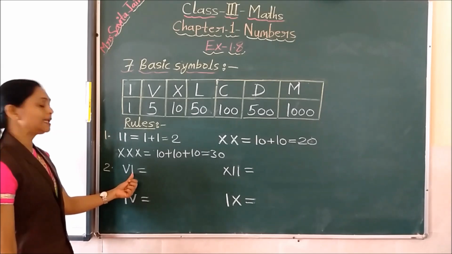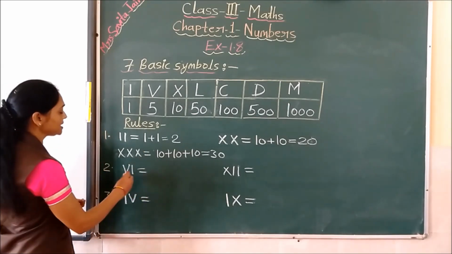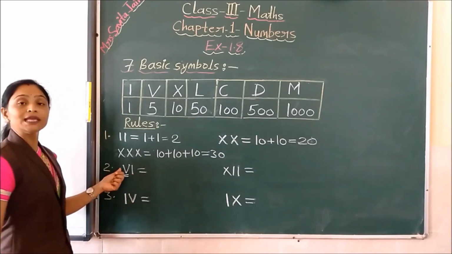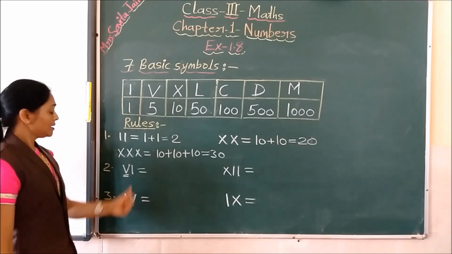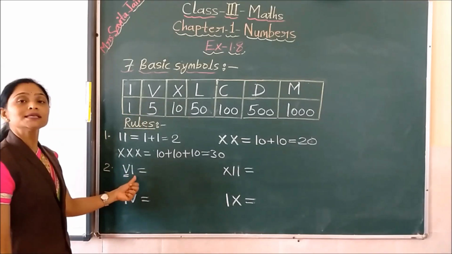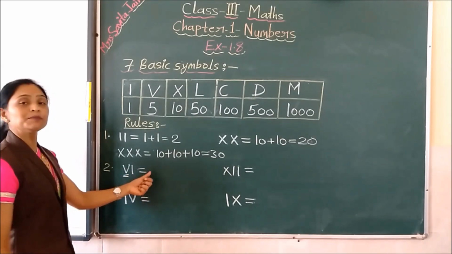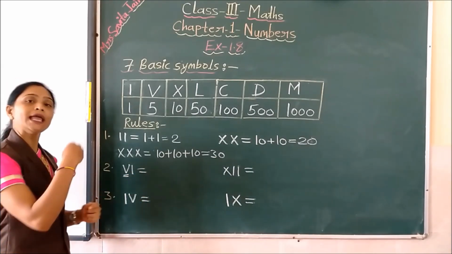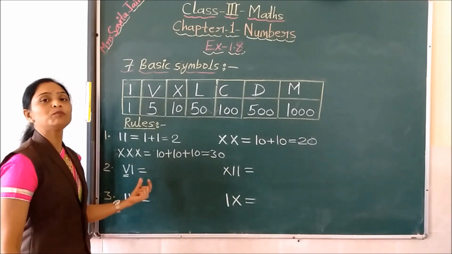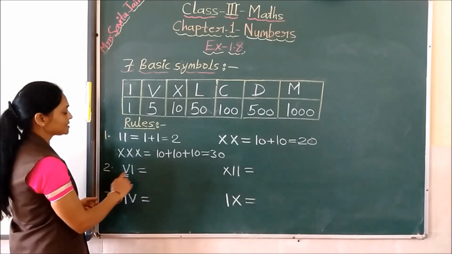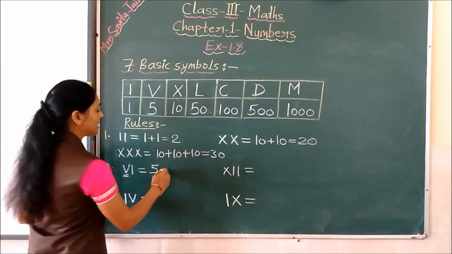If there is written any small symbol after a big symbol, you can see children, this is big. V is equal to 5 and I is equal to 1. Means the smaller symbol is after the bigger symbol. So if it is like this, means bigger symbol is first, then smaller symbol is there, then we have to add the value of both the symbols. Means first we will write here 5 and then the value of this I is 1.